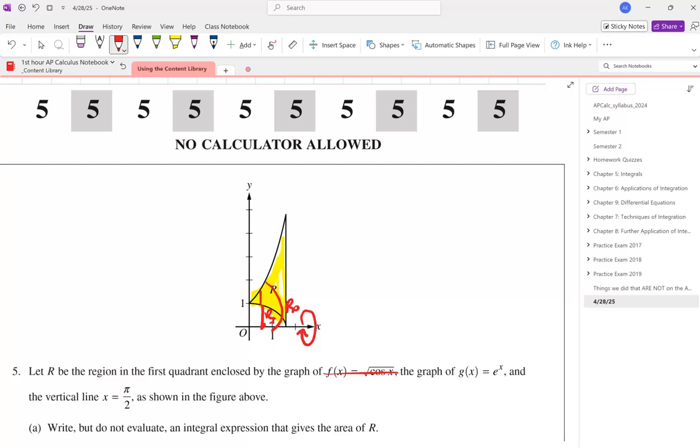So my R inner is just going to be that y coordinate, which is the f of x. And the R outer is just going to be this y coordinate, which is just g of x.